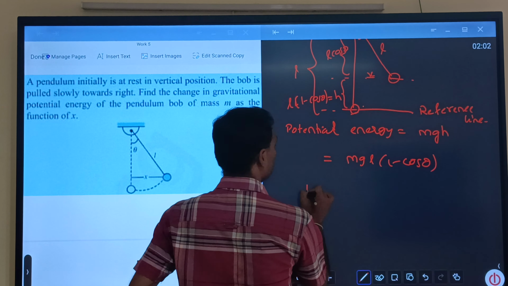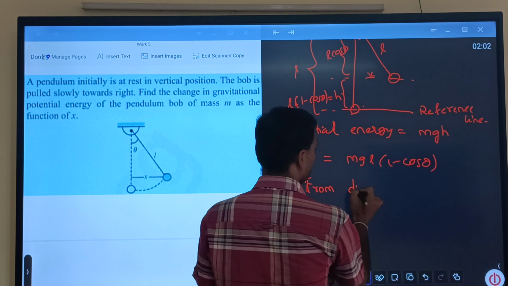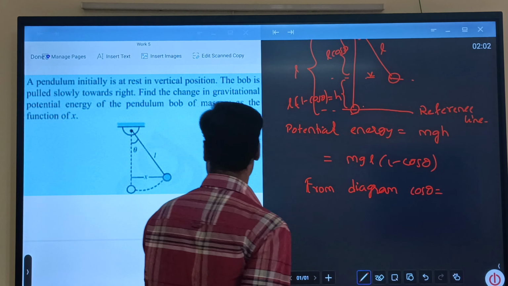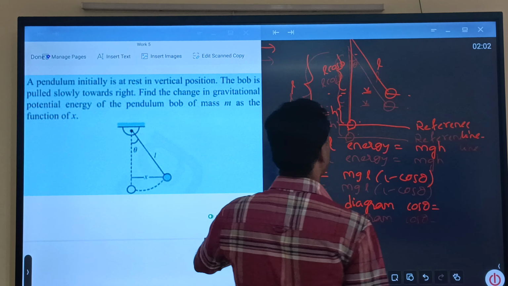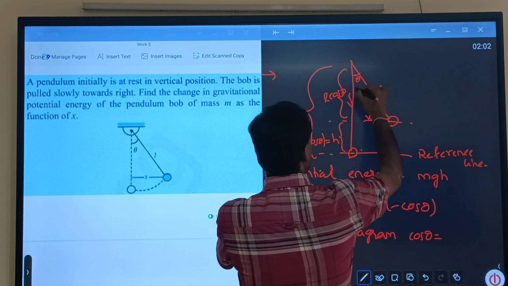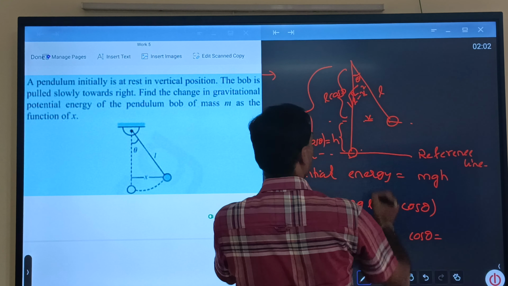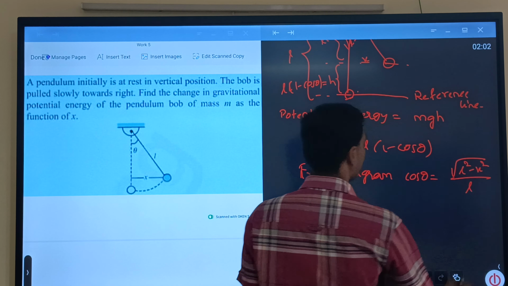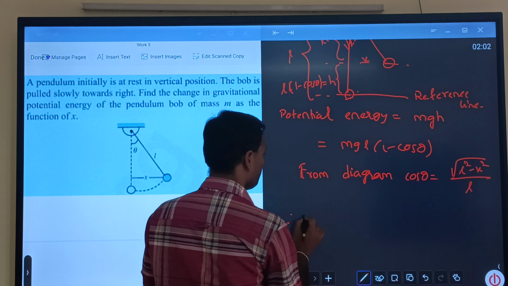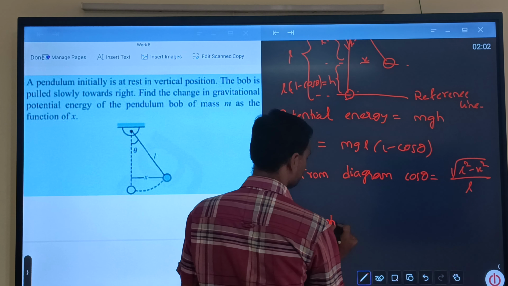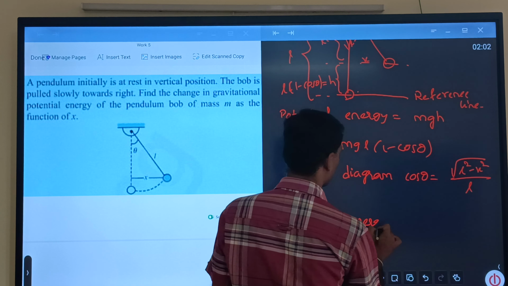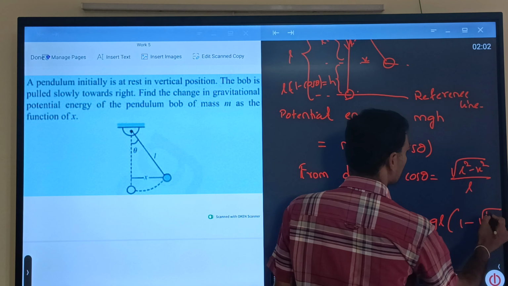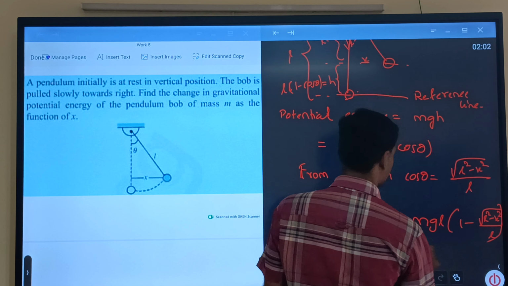Then from the diagram, cos theta is equal to, can I say, the square root of L square minus x square, by L. Therefore potential energy is equal to mgL(1 minus the square root of (L square minus x square) by L).